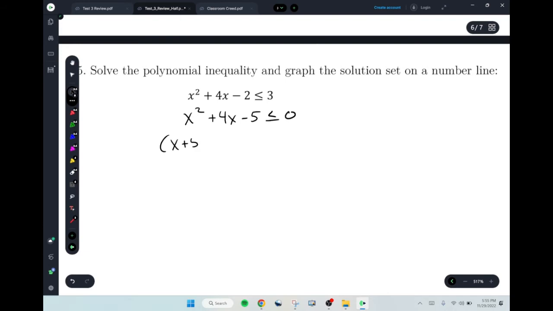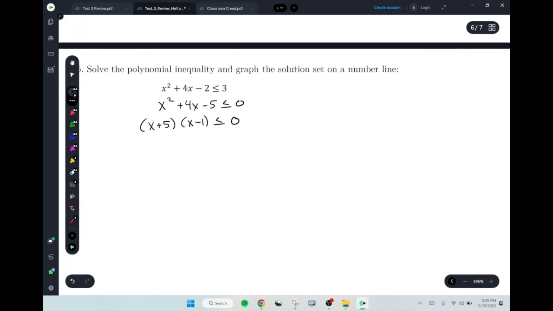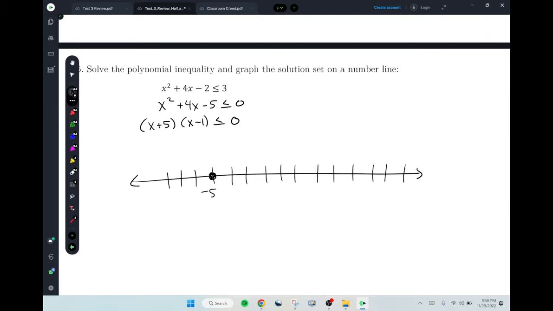You said 5 and -1? Yep, I agree. Now what? Graph it on a number line. So what points are we plotting? -5. So there's -5, -4, -3, -2, -1, 0, 1.